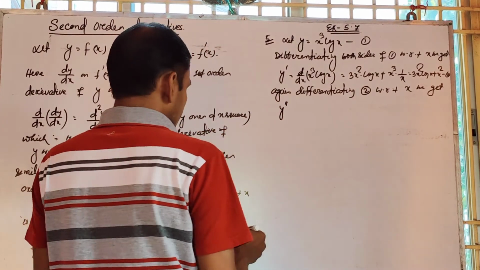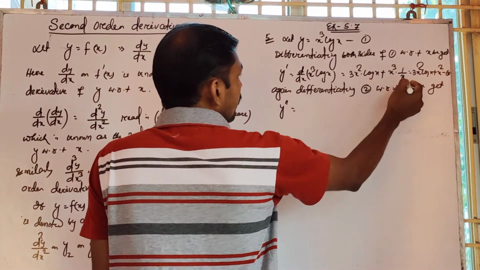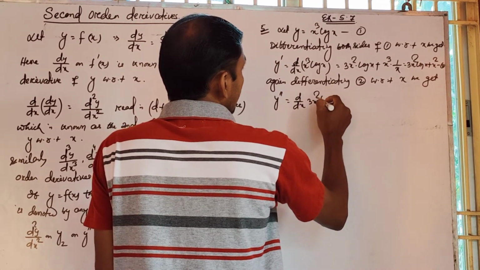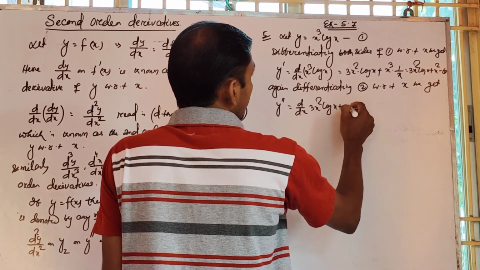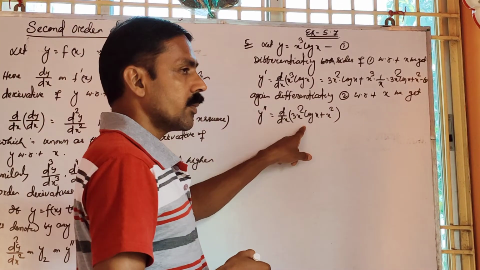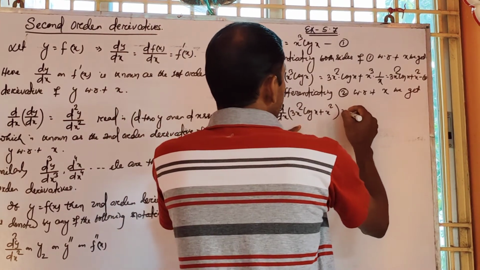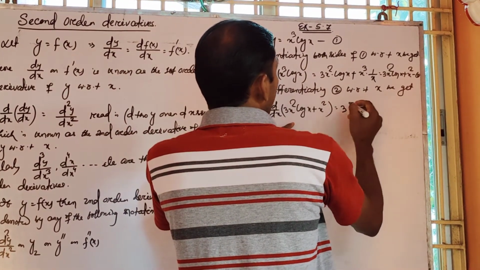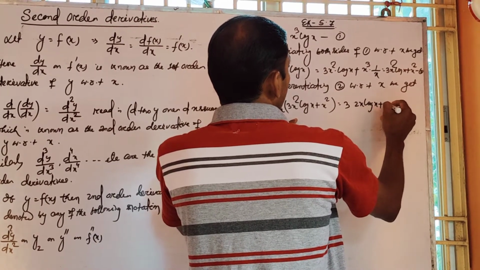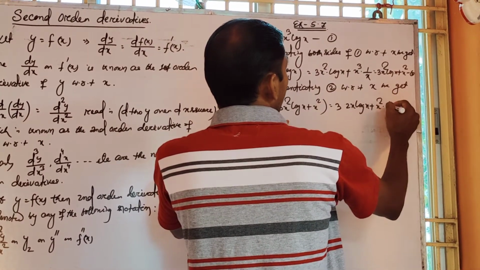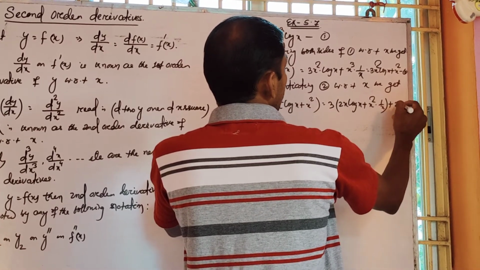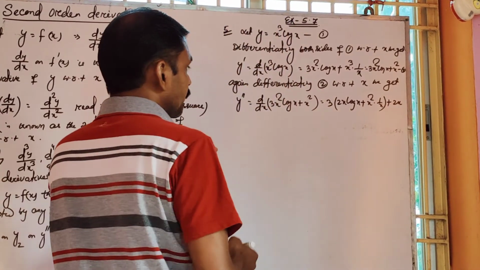We will write y double dash equal to d by dx of 3x square log x plus x square. Now again in the first one we have to use the product rule, so this is 3 into the derivative of x square, 2x, into log x plus x square into the derivative of log x, 1 by x, plus the derivative of x square, 2x.